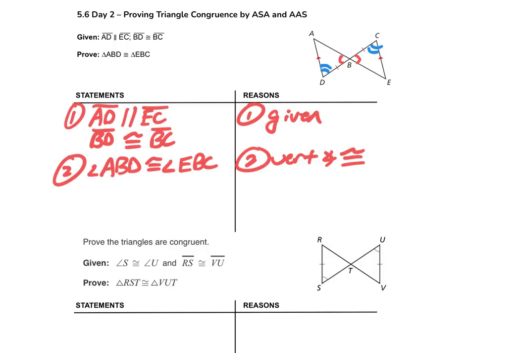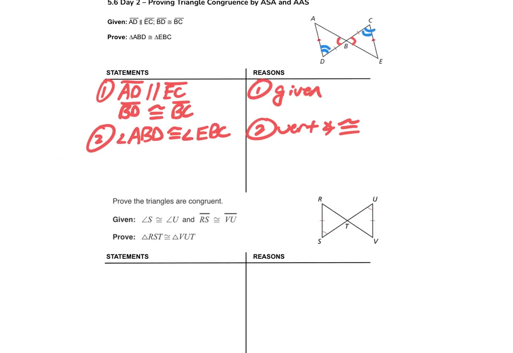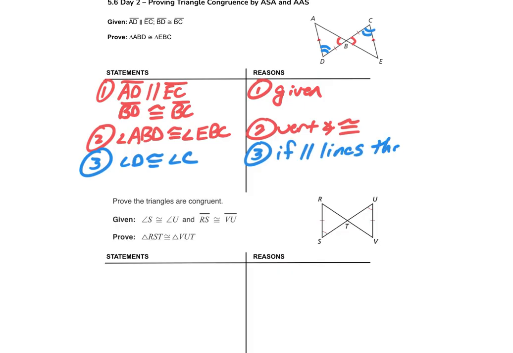Okay. So I don't necessarily need to do both, even though I could do both. Okay. And I'm going to show you why that matters here in just a second. So I'm going to say angle D is congruent to angle C. And we're going to say something like, if we have parallel lines, which we do, then alternate interior angles are congruent.